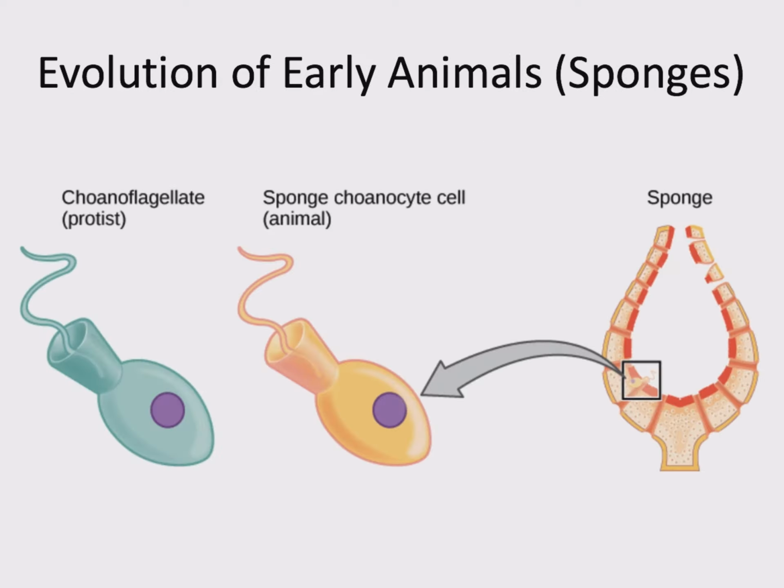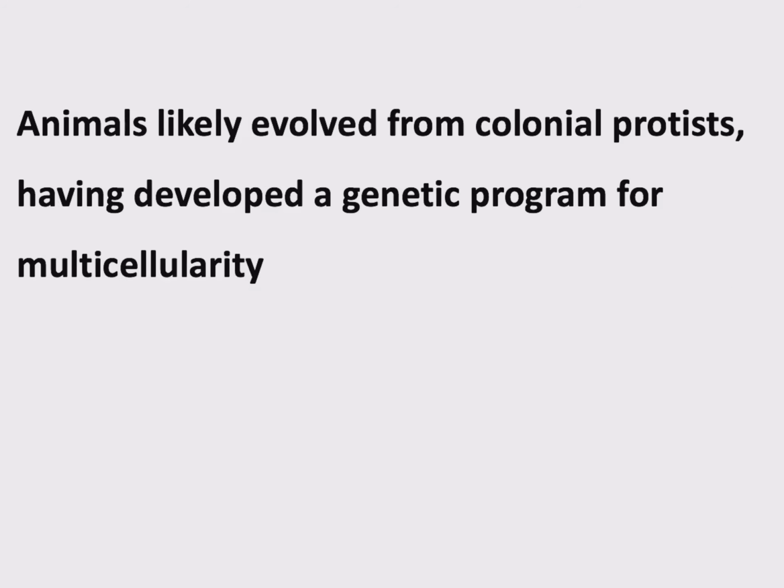So I brought this up briefly when we were talking about protists, but I'm going to introduce this idea again, that animals likely evolved from this group of colonial protists, these choanoflagellates. And here's a typical sponge cell, a choanocyte, and yeah, it looks just like the protist cell. So I'm reintroducing it here.